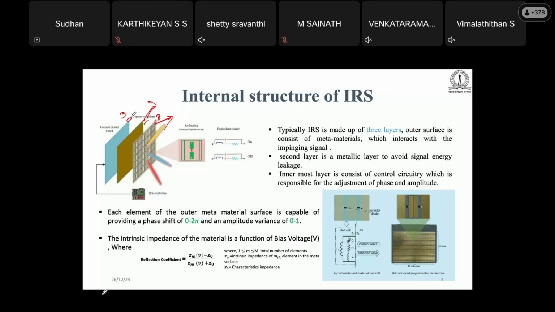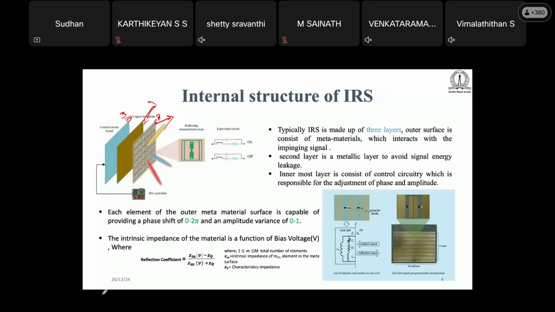And the innermost is called the control circuitry, which mainly controls the signal, whether it will be off or on, and based on that the signal will be reflected with a particular phase and amplitude.